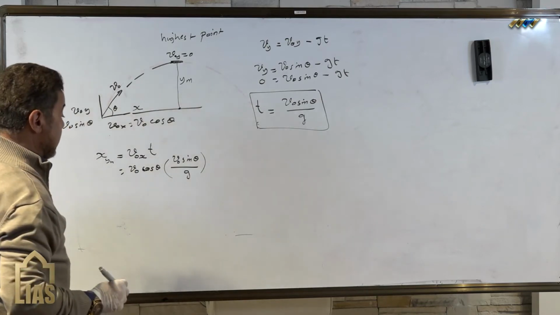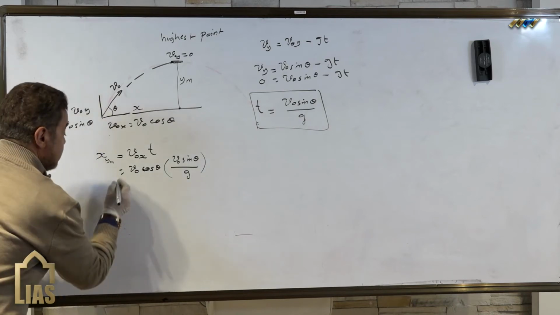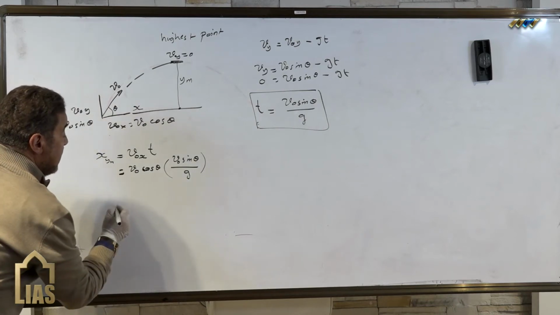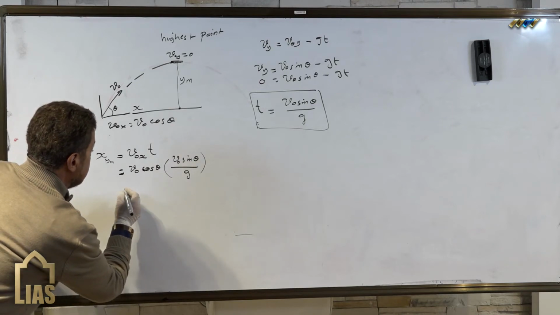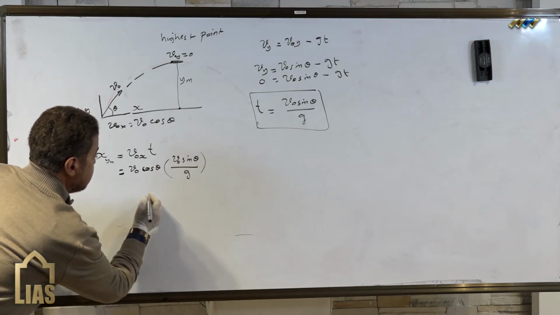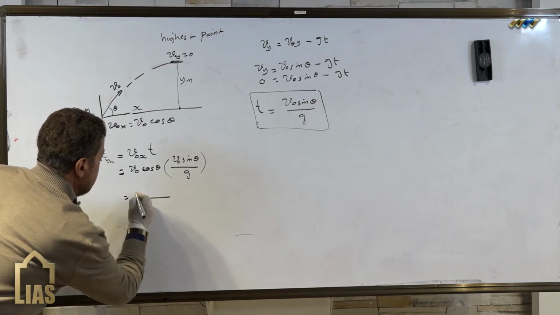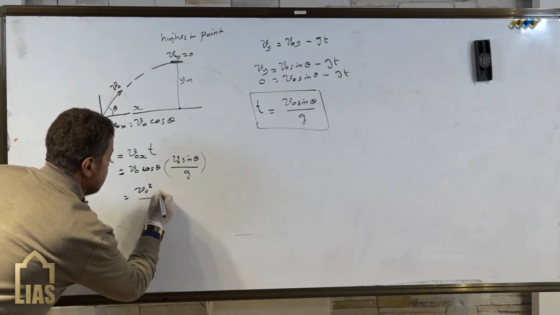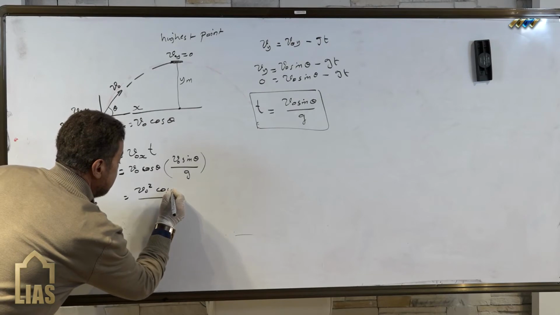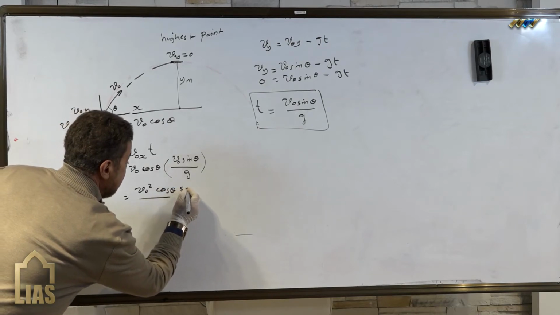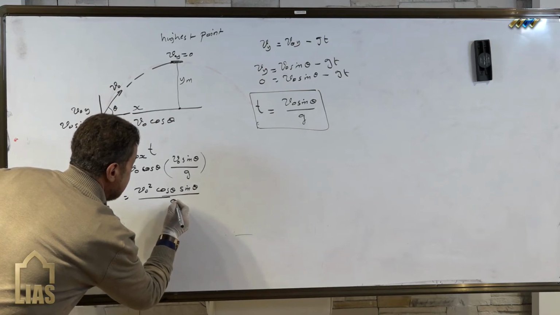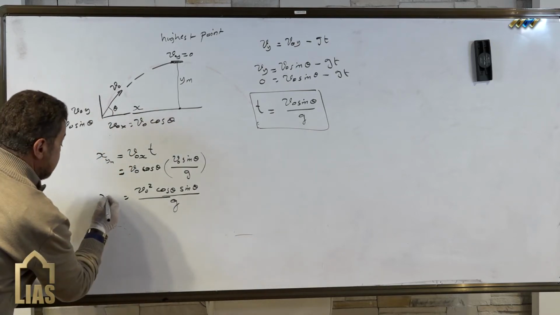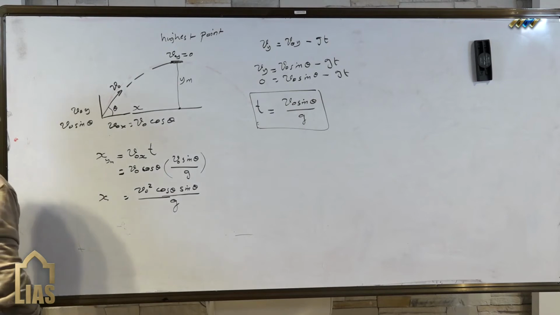In this case, x is equal to v0 square cosine theta sine theta over g. Okay, this is the x at y maximum.